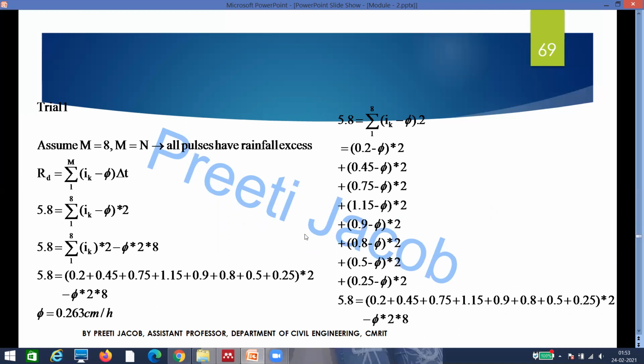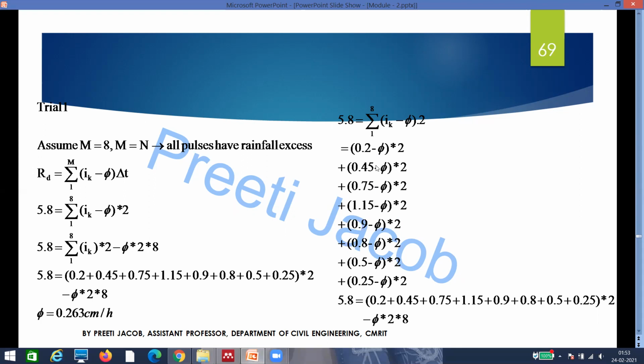Now coming here, so I'm assuming this. The formula is, as I told you, I've shown the elaborate version here. This is nothing but, for the first one when K is equal to 1, the value 0.2 minus phi into 2, plus the second value 0.45 minus phi into 2, plus the third value, fourth value.